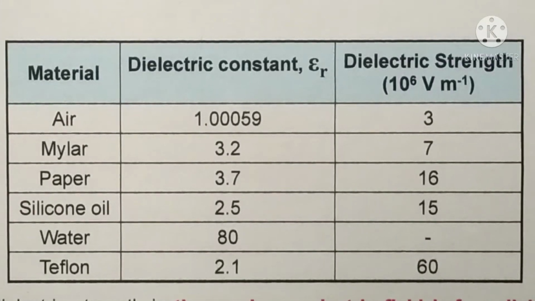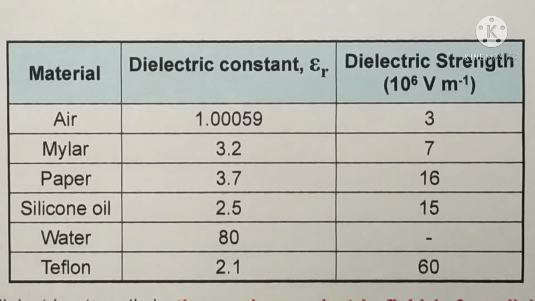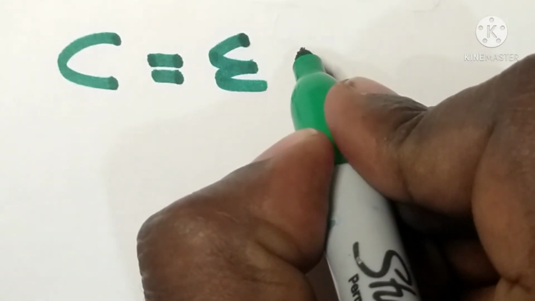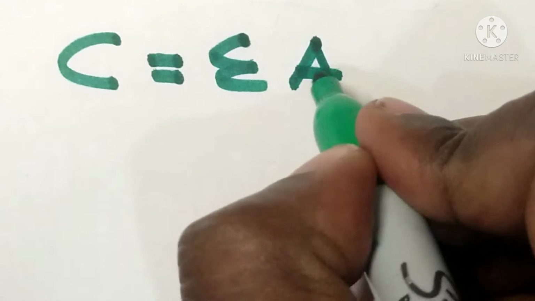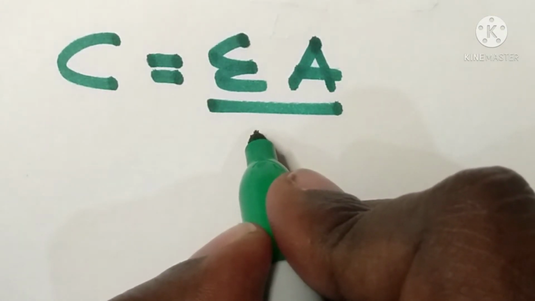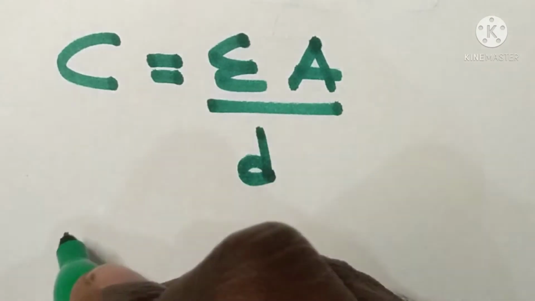When we insert any of these dielectric materials between the two parallel plates, the capacitance C equals the permittivity times the area of the plate divided by the distance between the two plates.